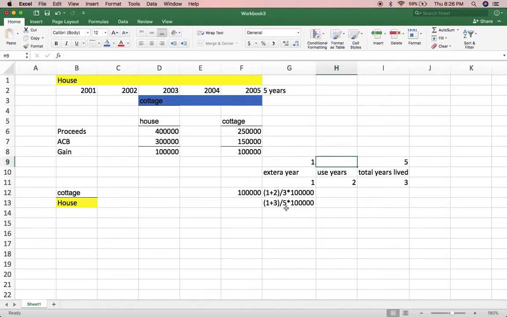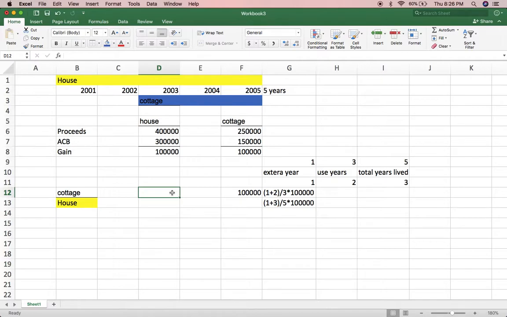Out of 5 years we gave 2 years to the cottage, so we use 3 years here.